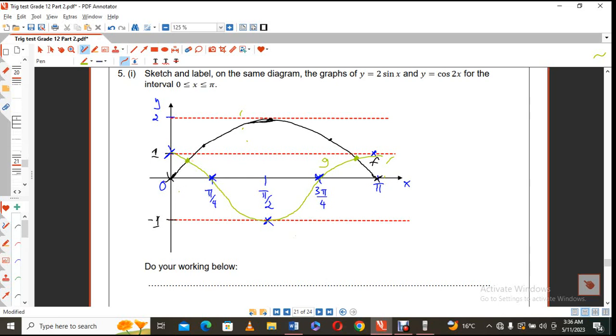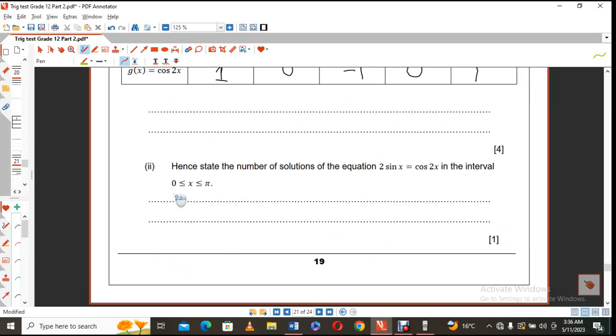So 2 points of intersection, therefore 2 solutions. All right, 2 points of intersection in the given interval or domain. Therefore the number of solutions, it will have 2 solutions.